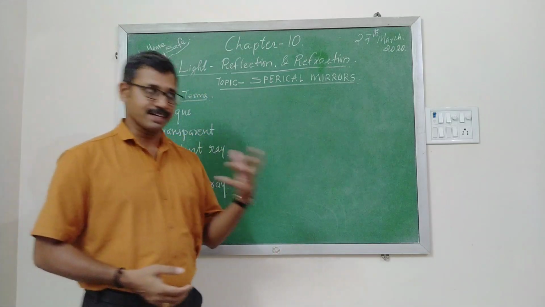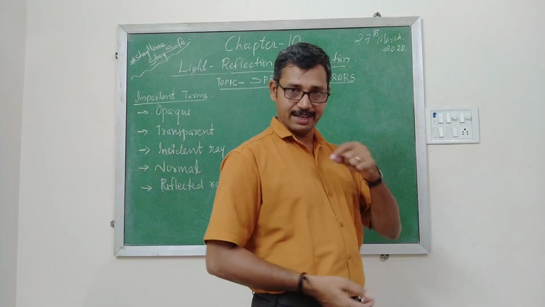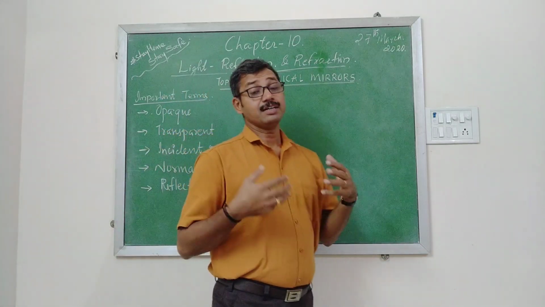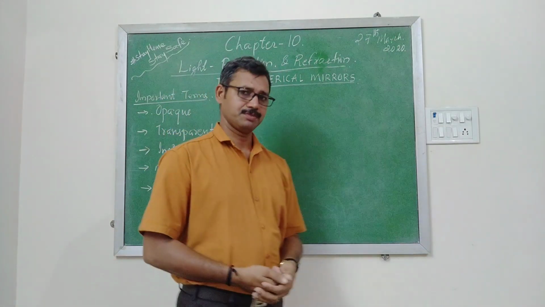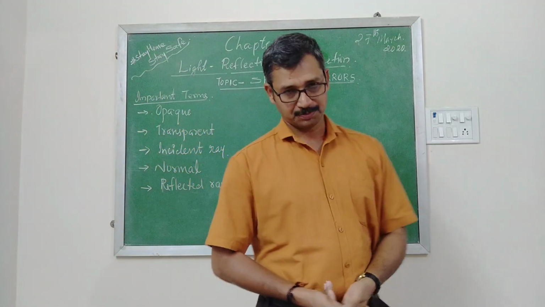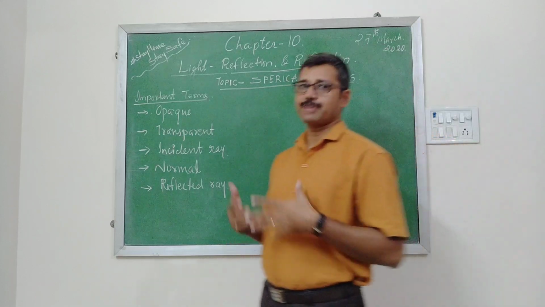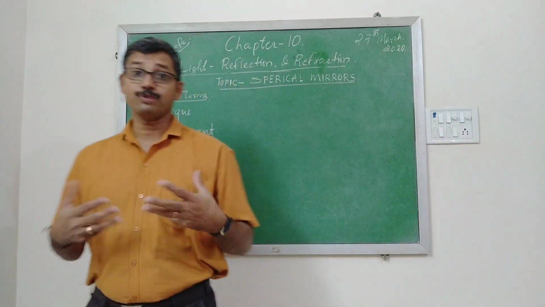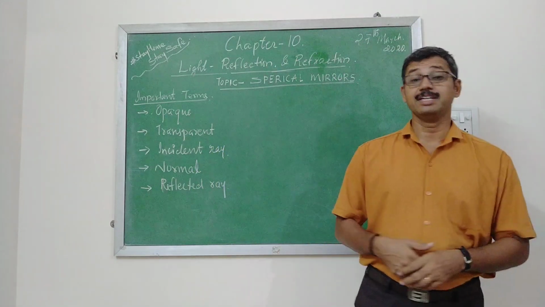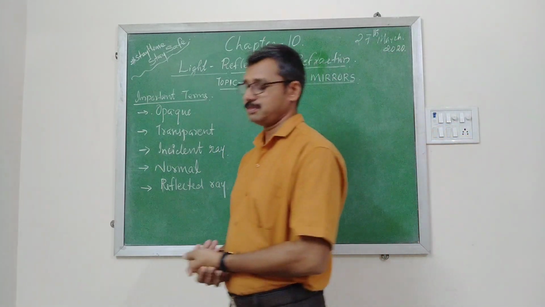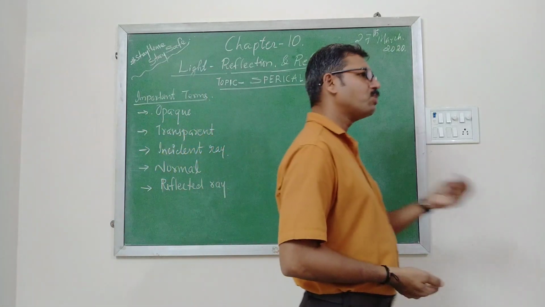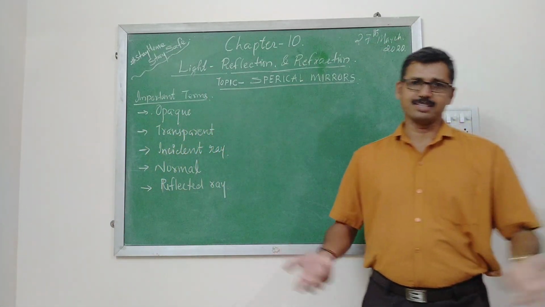That reflected ray falls on our eyes, our retina. Then we are able to see the object. That is the process of seeing an object. So reflection has a lot of importance in our life, especially in order to see things. So we are studying this process in this lesson.